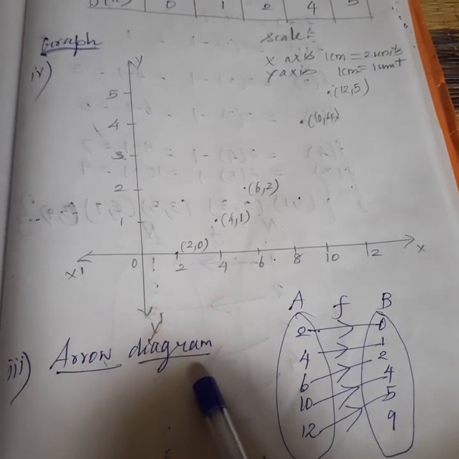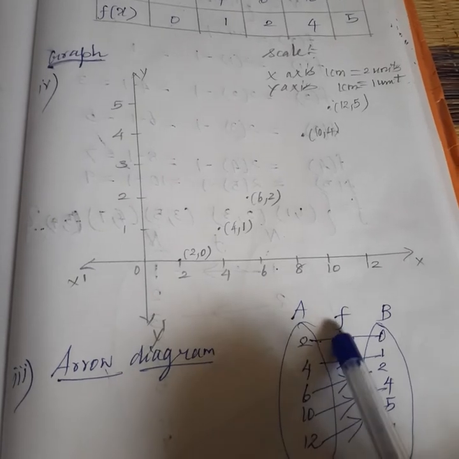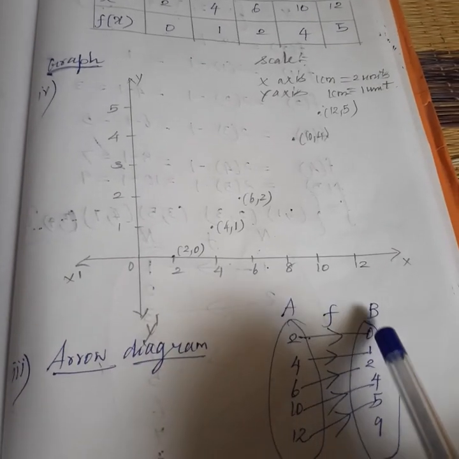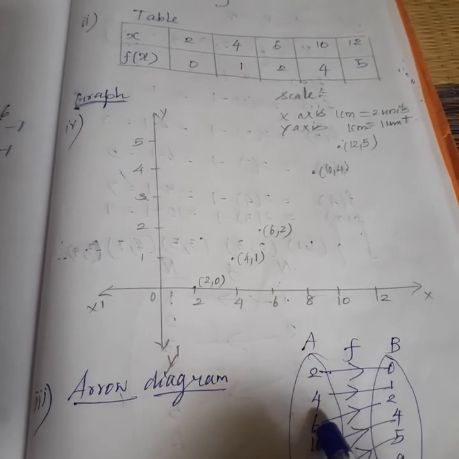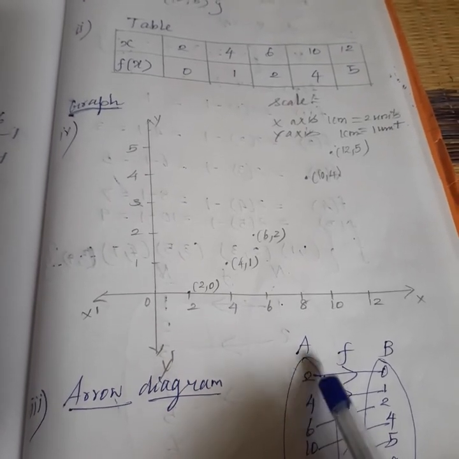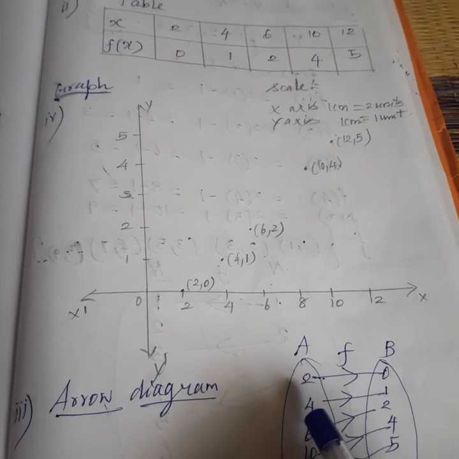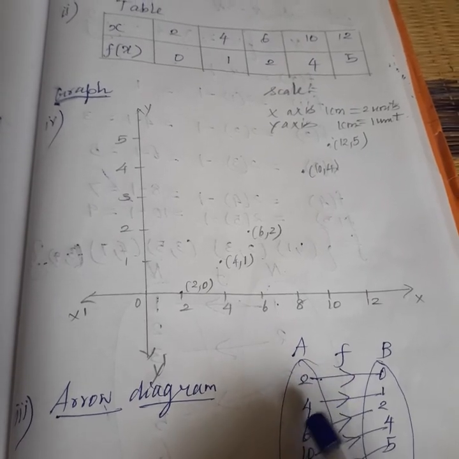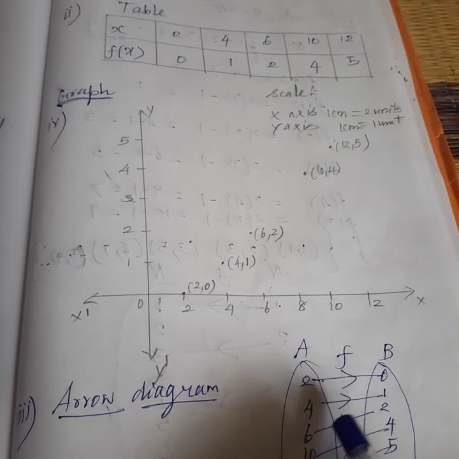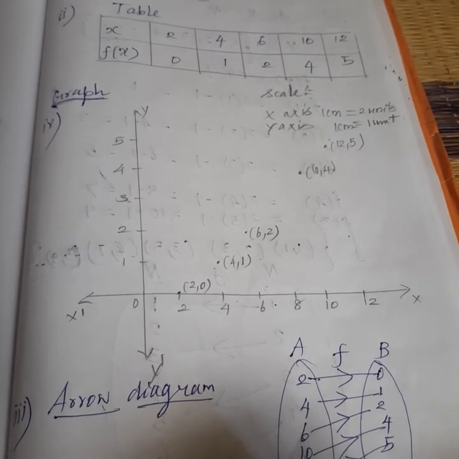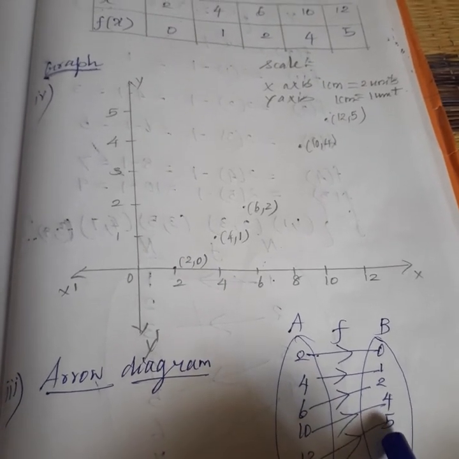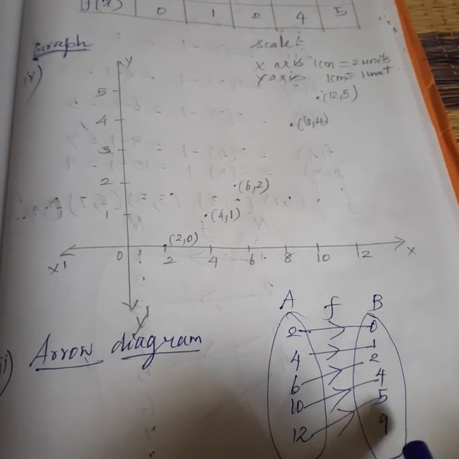Arrow diagram. Okay, so in the arrow diagram, all the A elements we have taken and all the B elements we have taken. Now just see and tell me, 2 comma 0, that is 2 to 0. See the table and say: 2 to 0, 4 to 1, then 6 to 2, then 10 to 4, then 12 to 5.